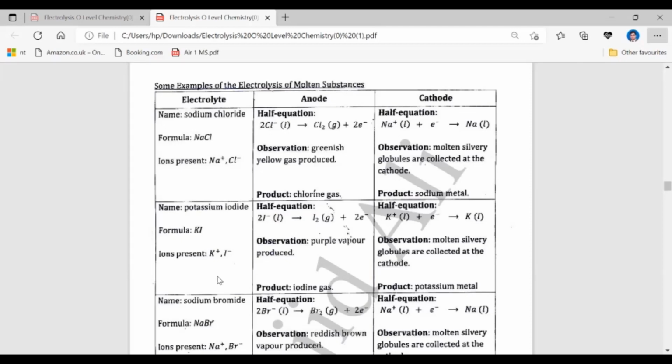So in this case, iodide ions will lose electrons to make iodine that will appear as purple vapors in the gaseous state, and potassium ions gain electrons to deposit potassium, and molten silvery globules of potassium are collected at the cathode. So you can say that iodine is the product at the anode and potassium is the product at the cathode. Any question, beta?